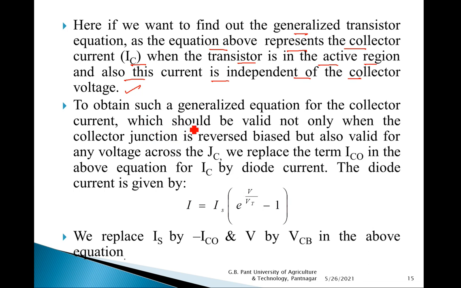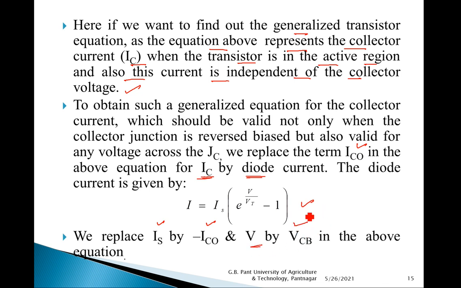So in order to obtain such a generalized equation for the collector current, which should be valid not only when the collector junction is reverse biased, but also for any voltage across JC, we replace the term ICO in the above equation by IC, which is the diode current. Now you know that the diode current is given by this formula, that is I equals Is e raised to V upon Vt minus 1. So what we do here in this equation, we replace Is by minus ICO and V by VCB.